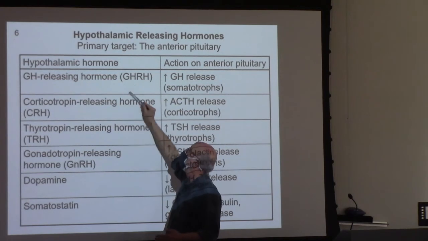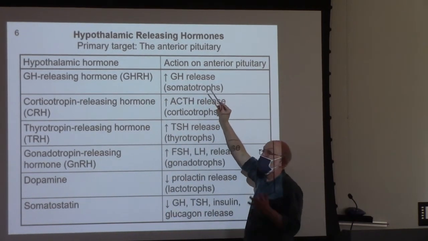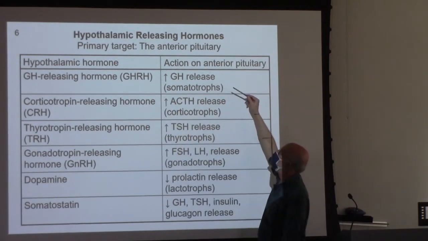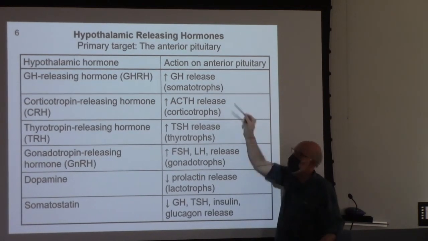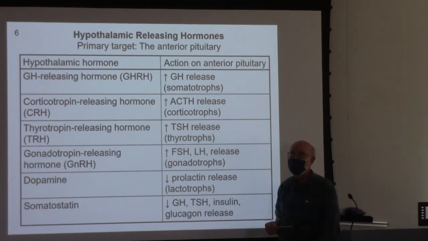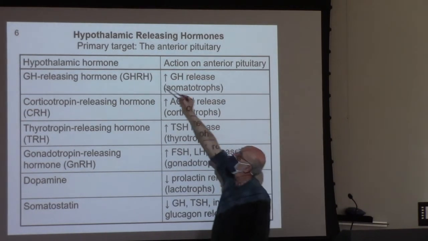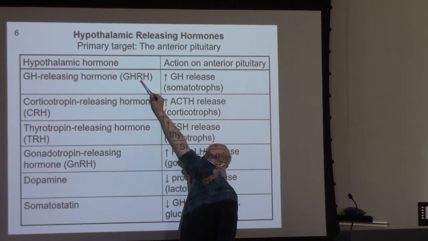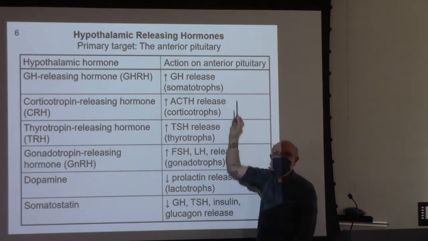Portal circulation carries it to the anterior pituitary. It binds to GHRH receptors that are expressed on the somatotropes. Somato means body, so growth is referring to body growth. Somatotropes bind GHRH, respond to that binding, I think it's Gs, and stimulate the release of growth hormone.